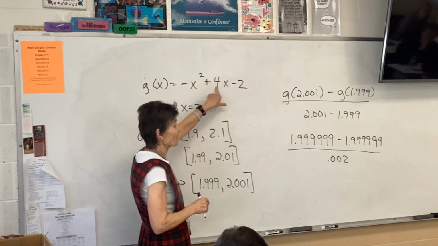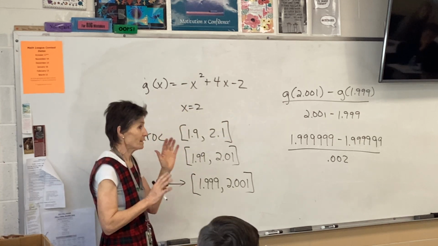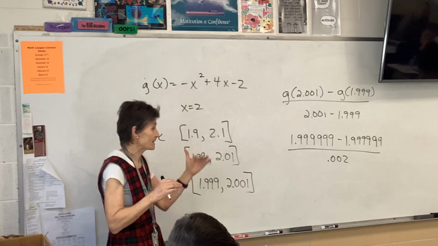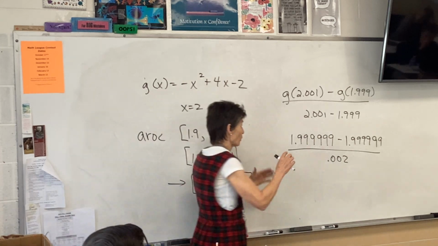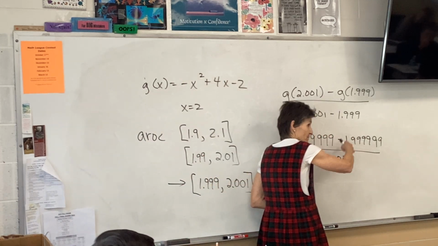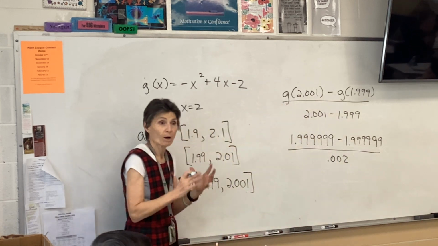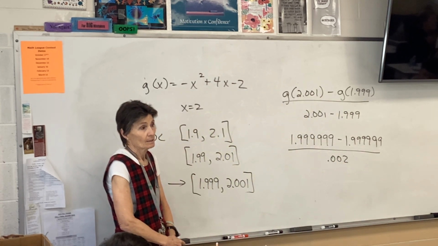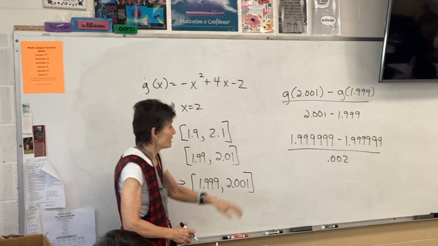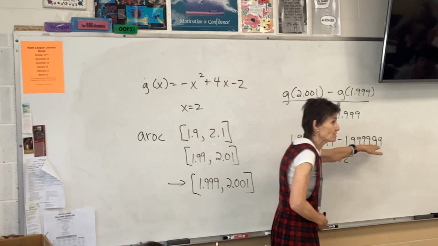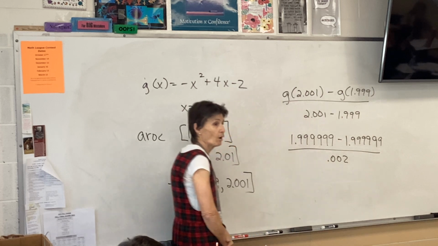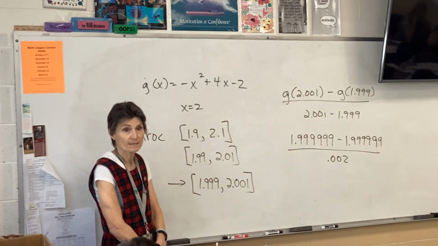I should have made that a 3, then it wouldn't happen, but they happen. This is how you would do the problem. Normally, you're gonna get a number up here that's not 0, and that would be your approximate instantaneous rate of change. Look at all those decimal places I took, so when I round it off to 3, it'll be the instantaneous rate of change.